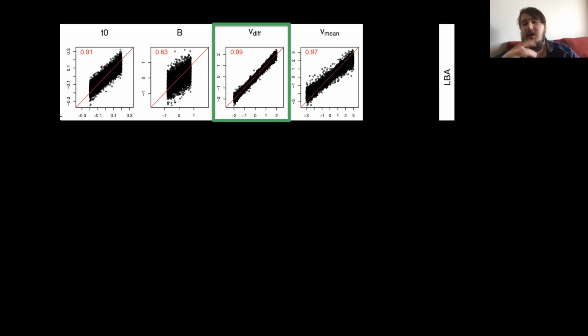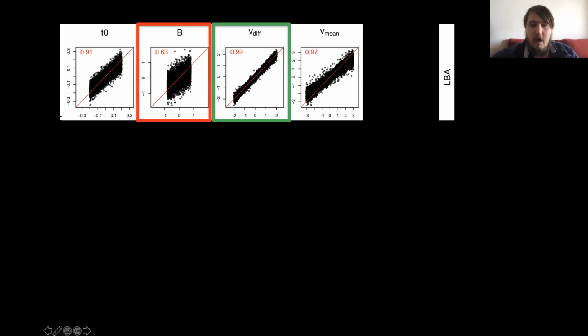And V diff is approximately what the drift rate is in the diffusion model, as in the diffusion model you've got the relative evidence. So with V diff, the recovery is excellent. You've got a correlation of 0.99. Everything falls quite neatly along the red line, which is the line of perfect recovery, and there isn't too much spread.